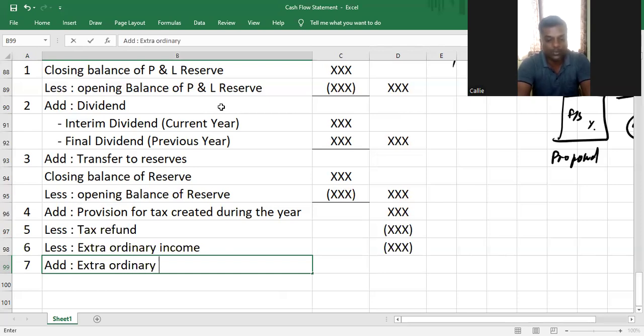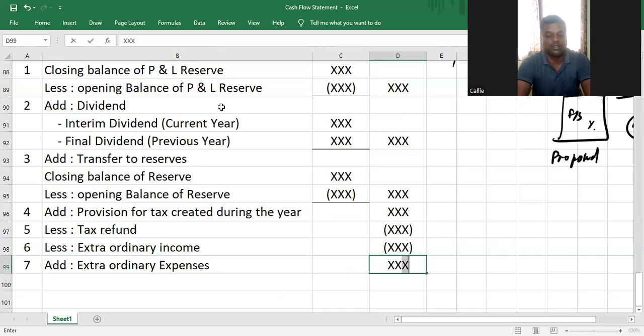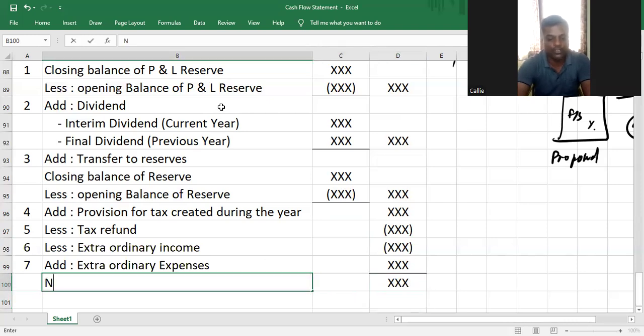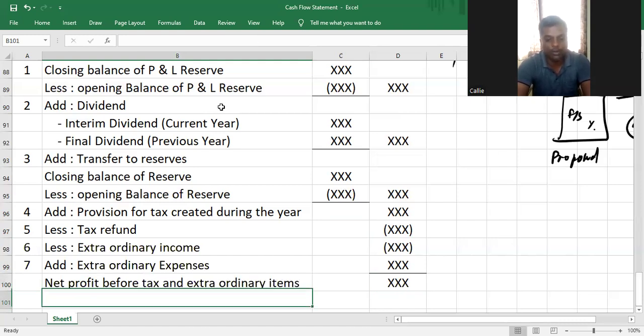Extraordinary expenses will be added back, and then we'll arrive at the starting point of the cash flow statement, which is net profit before tax and extraordinary items. Understood or not, my dear children?